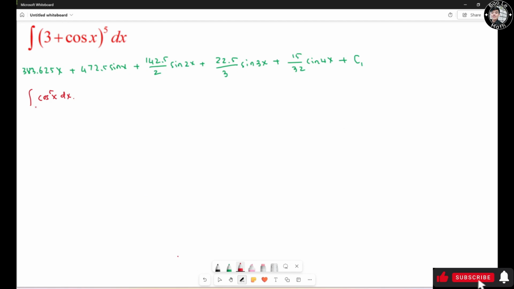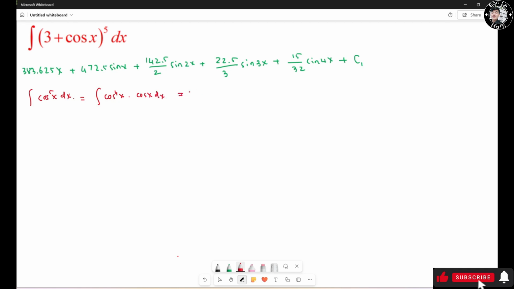Now we need to calculate the antiderivative of cosine to the fifth of s ds, right? So this one can be written as cosine to the 4 of s times cosine s ds, right?